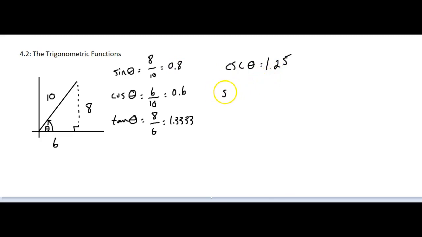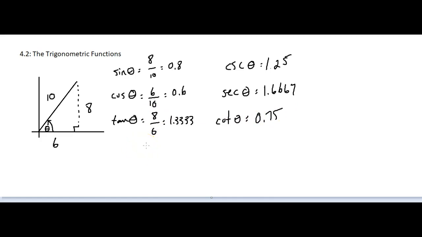For the secant of theta, the reciprocal of 6 over 10 is 10 over 6, and as a decimal, that is 1.66 repeating 7, right? And the reciprocal of tangent is cotangent of theta, which will be 6 over 8, which is 0.75.